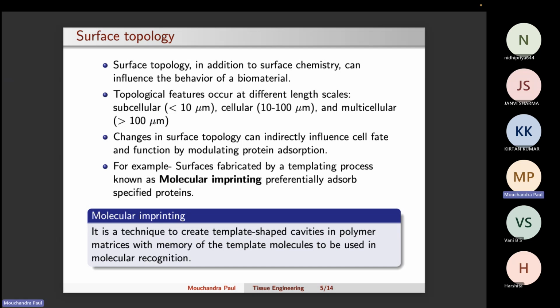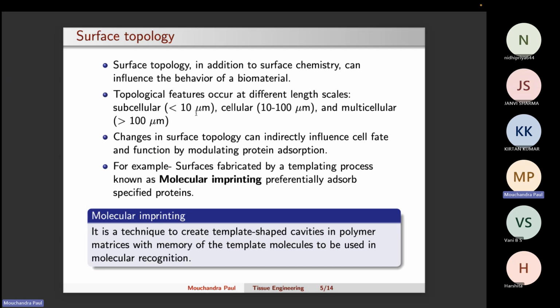Now, the topological features mean morphological features, how the surface looks. It can vary in length scale. Your surface topology can be on the length scale of less than 10 microns.